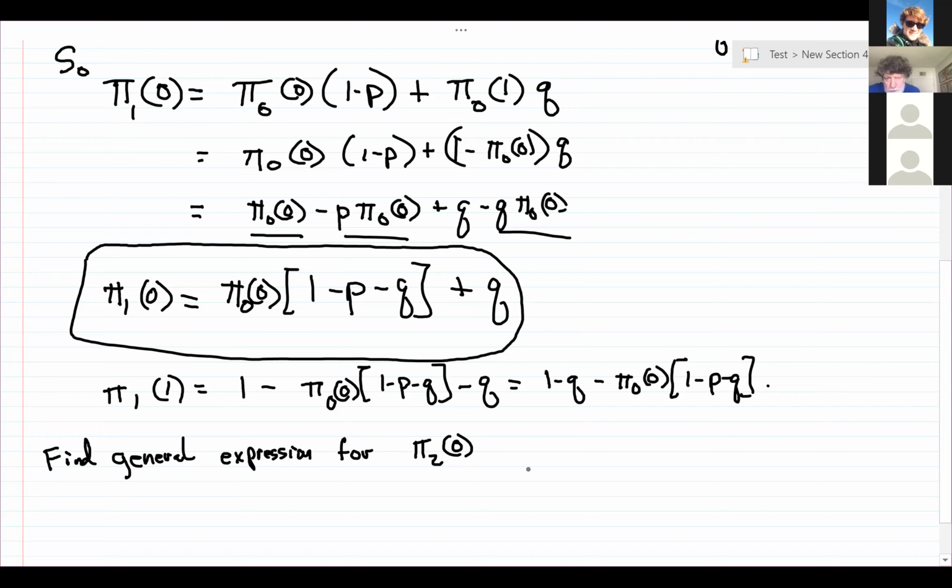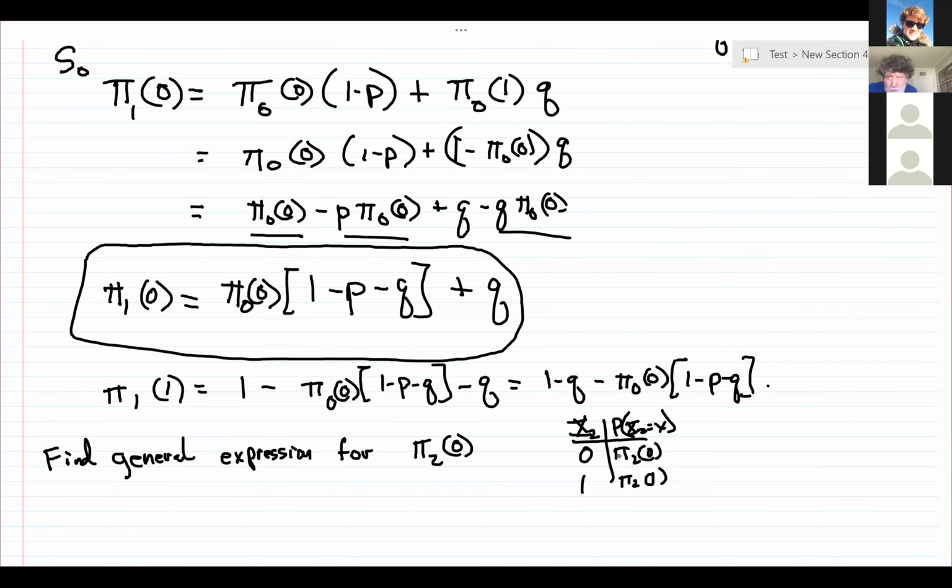And pi 2,0 is where? Pi 2,0 occurs in this table. If you're looking at where you are on day 2, you're either broken or you're working. The probability of being broken is pi 2,0. Probability of being working is this. And we're in the column where 2 is taking different values. So we're looking for the chance on day 2 that the machine is broken.